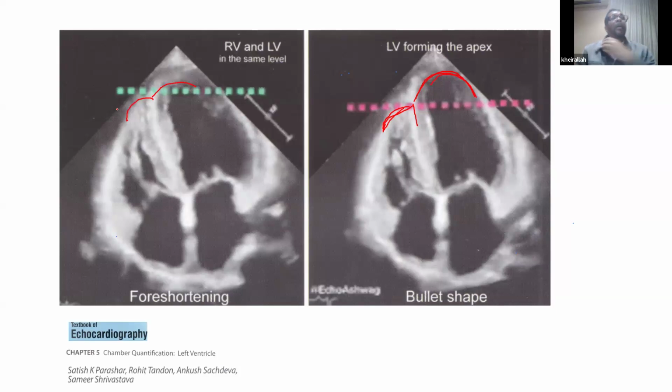If they are close, it means you are foreshortening the LV. So to make sure that your LV is stretched out nicely, make sure that the LV apex is more distal than the RV apex. If you see that, you are sure that you are not foreshortening.